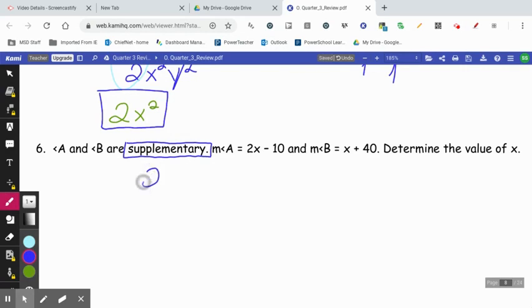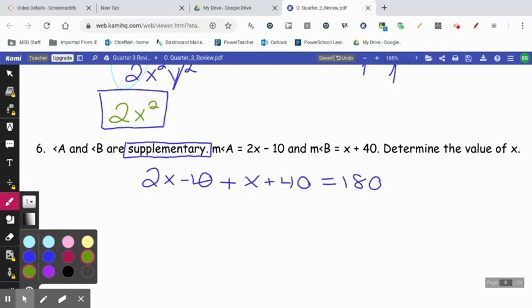So that means angle A, which is 2x minus 10, plus angle B, which is x plus 40, together equal 180. So now we can just solve our equation by combining our like terms. 2x and x give us 3x. Negative 10 and positive 40 give us positive 30 equals 180.